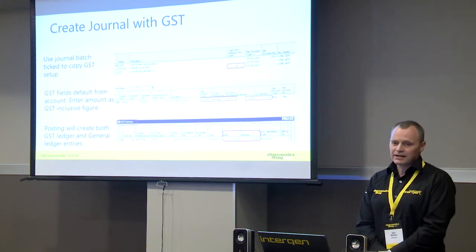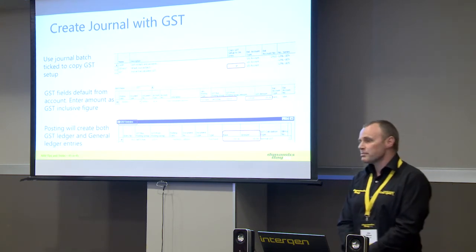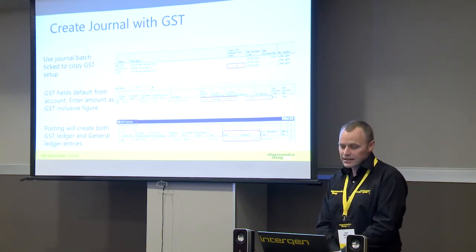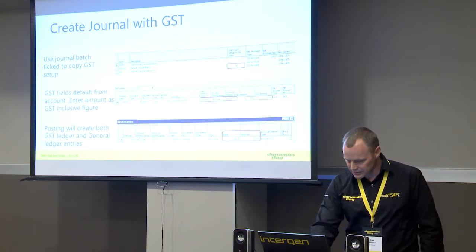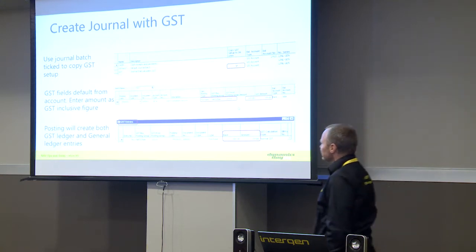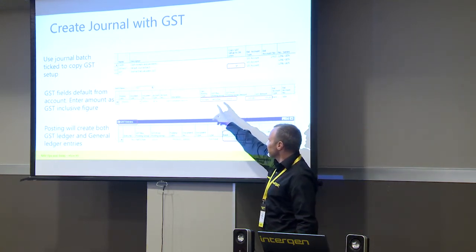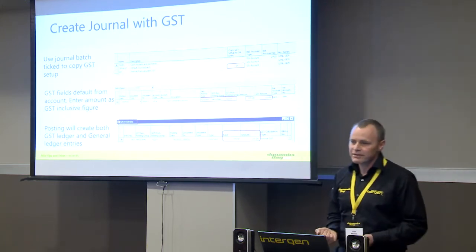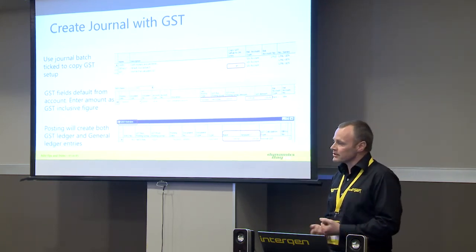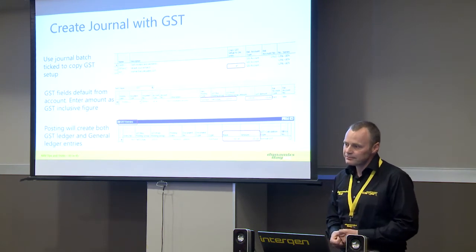But if you do want to calculate GST on a journal, have a batch there which is ticked, and as you enter your lines, it'll copy these fields in from the account that you've entered. Now those are the three fields that are used in the GST calculation.